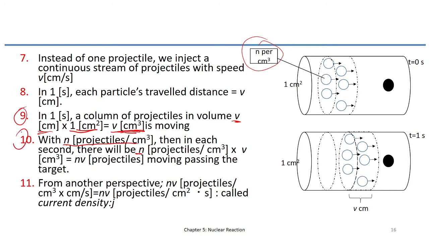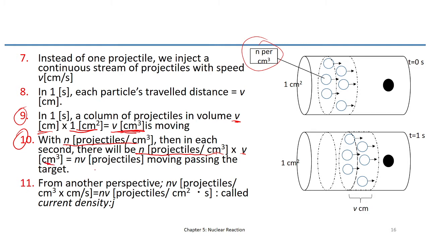Similarly, in point number 10, you multiply n, the density of the projectiles, which is in projectiles per cubic centimeter. This is multiplied with the result in point number 9, which is cubic centimeter.